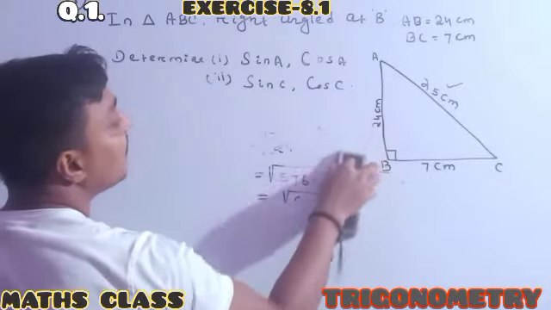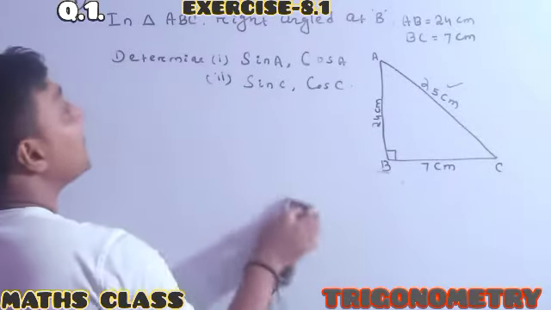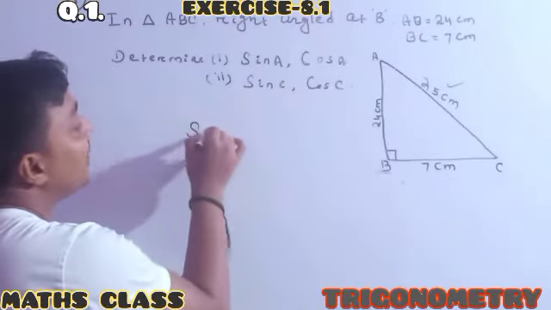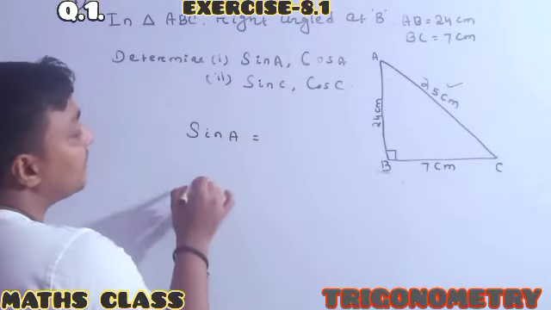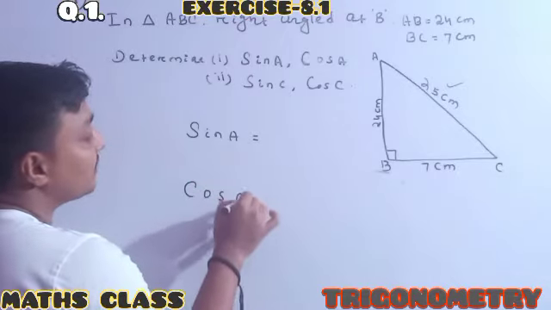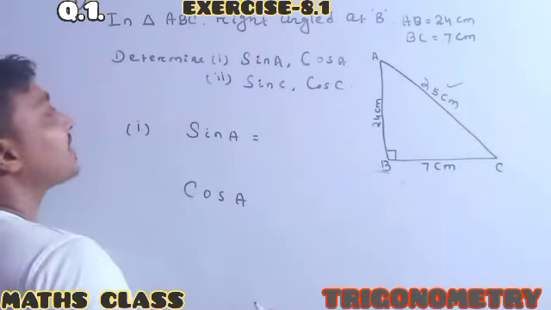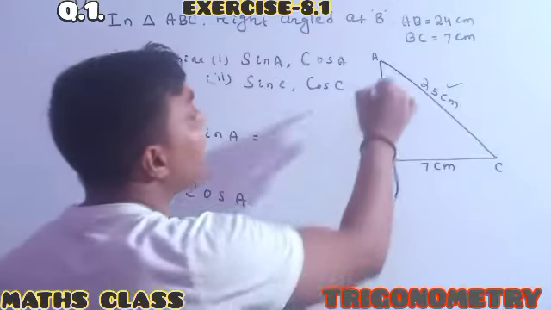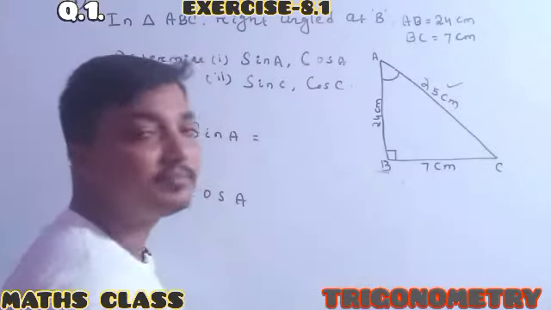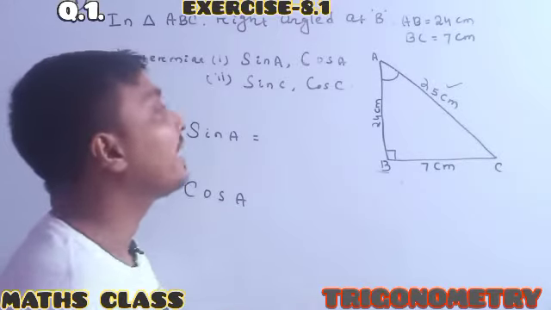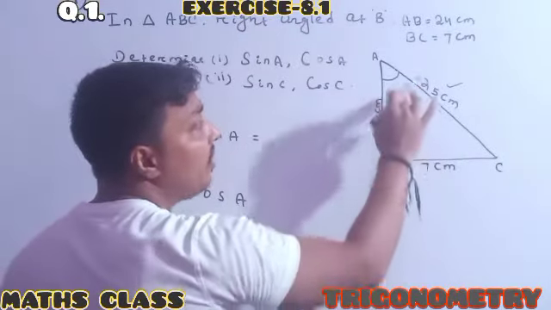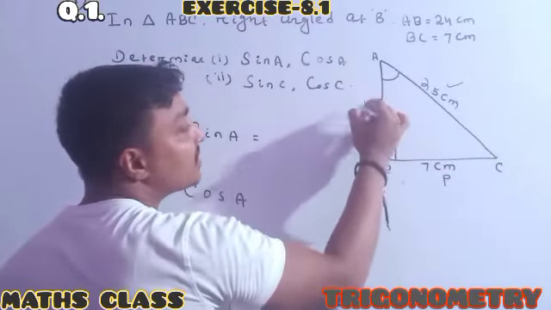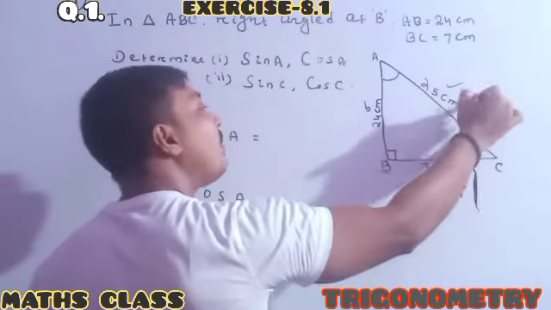Everyone see, in the first part it is given that you have to find sine A. Also, second one asks that you have to find cos A. Everyone knows, whenever I am considering A as the acute angle, always its front side, otherwise its opposite side, you have to consider as the P, its adjacent side you have to consider as the B, and the longest side will always be H.